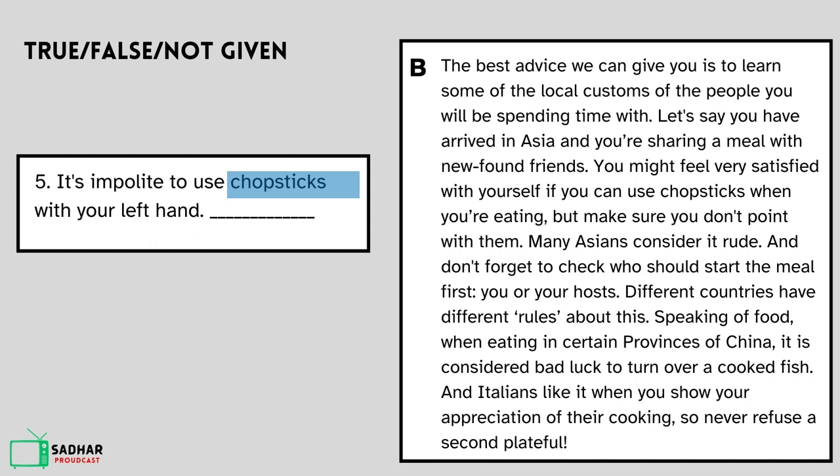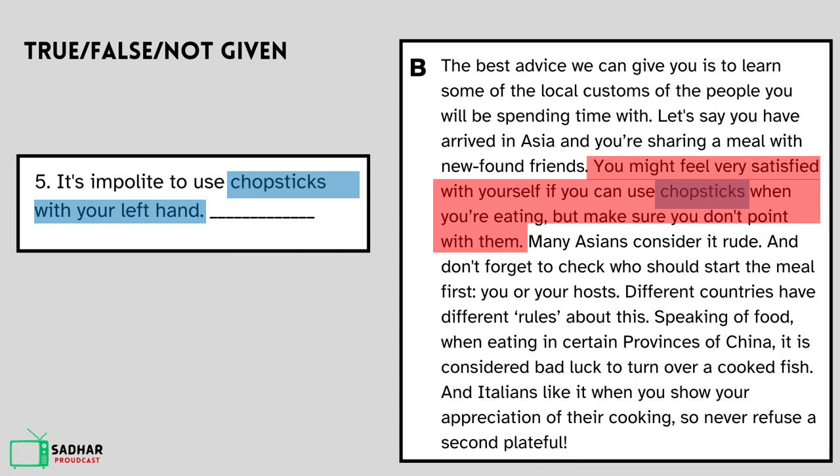The next one, question number 5. It's impolite to use chopsticks with your left hand. And then we search for the word chopsticks and also the phrase left hand. And then we can find the sentence there. You might feel very satisfied with yourself if you can use chopsticks when you are eating.